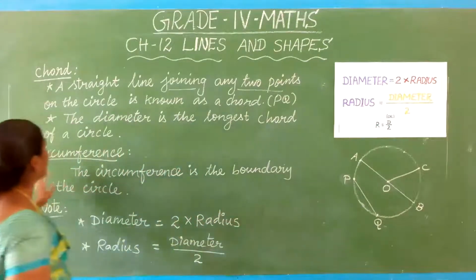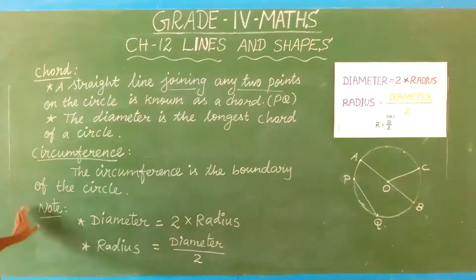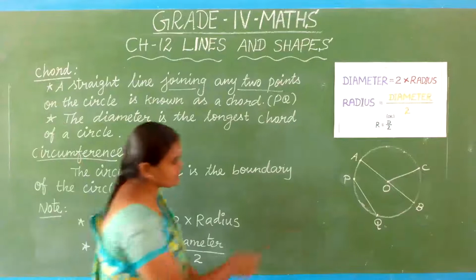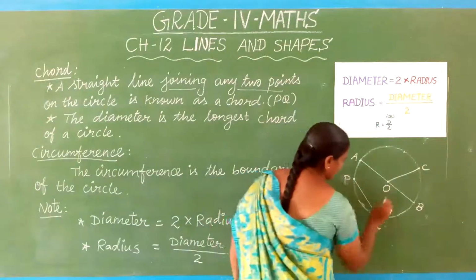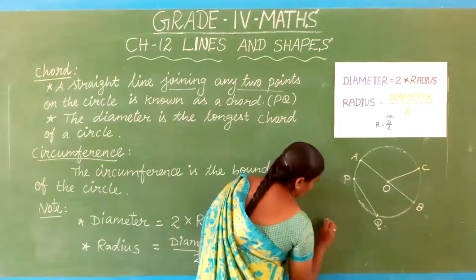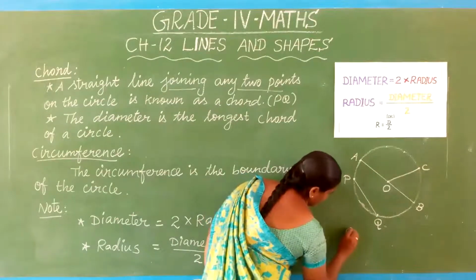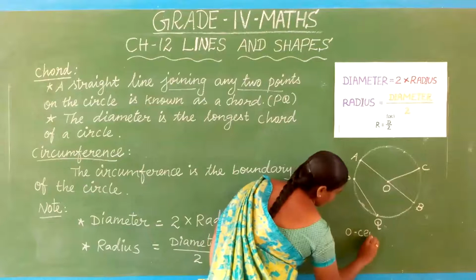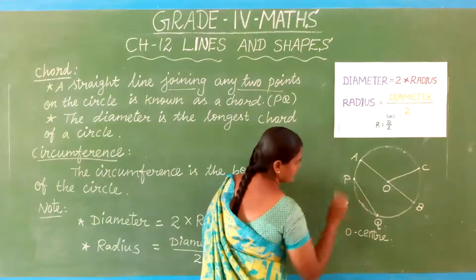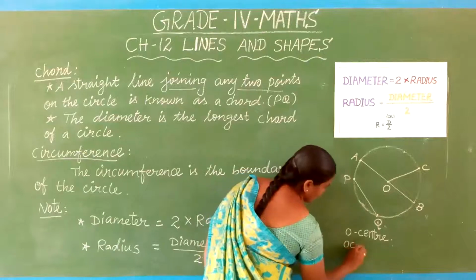So copy these 2 definitions in your class note, and this diagram also. In this diagram you will write: which is the center here? O. Center O. Radius? OC.